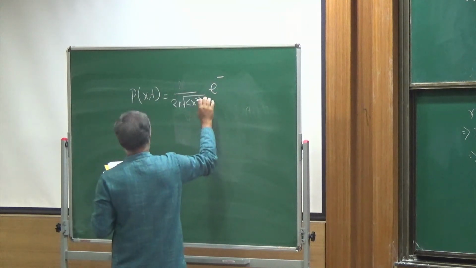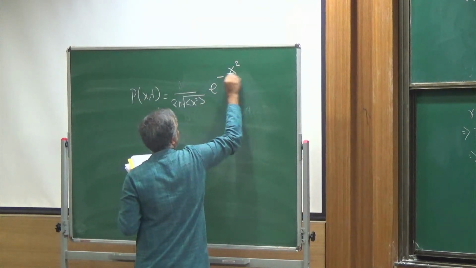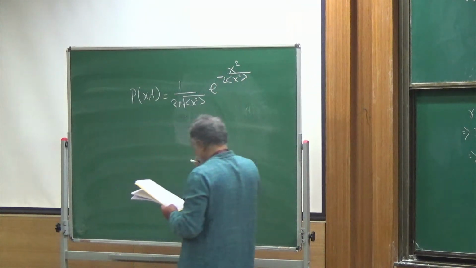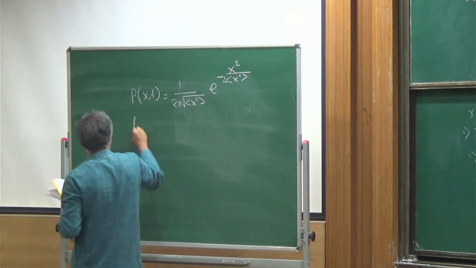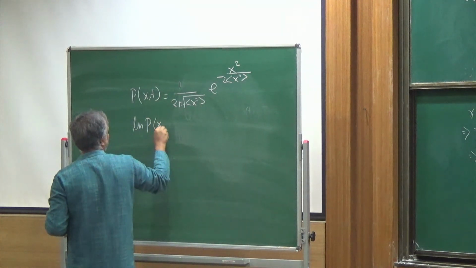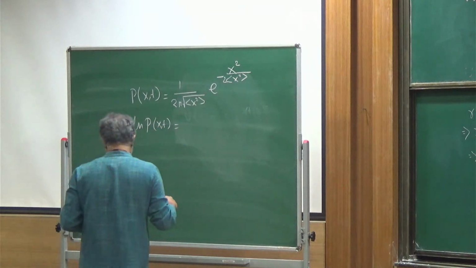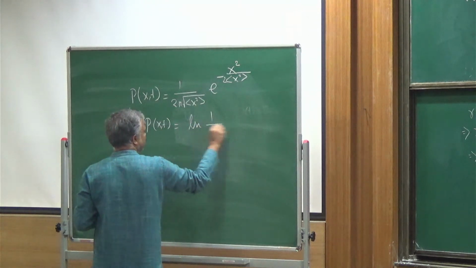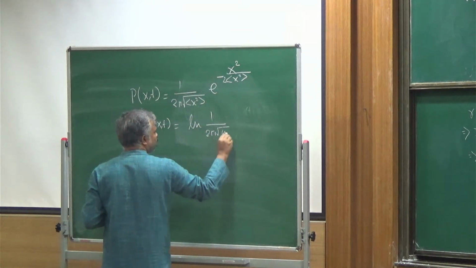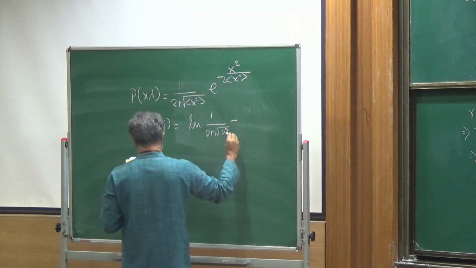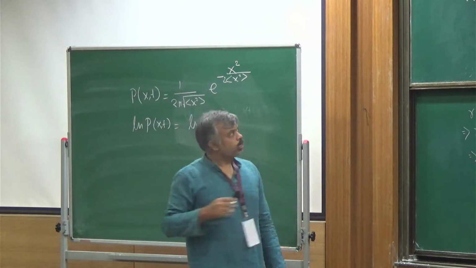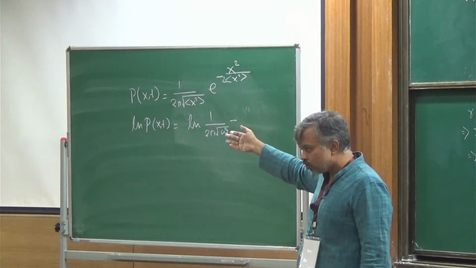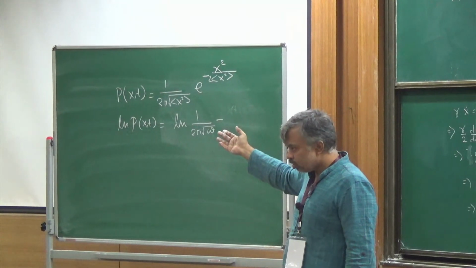Then ln of this, same omega. Why do you say P of x, t is this? Because this is Gaussian. When I wrote x t as a function, it's a linear function of eta, and eta is Gaussian.